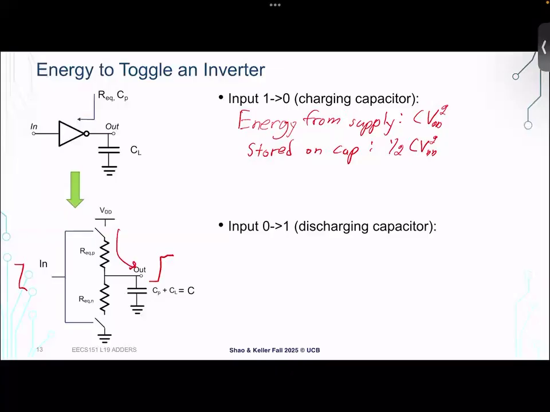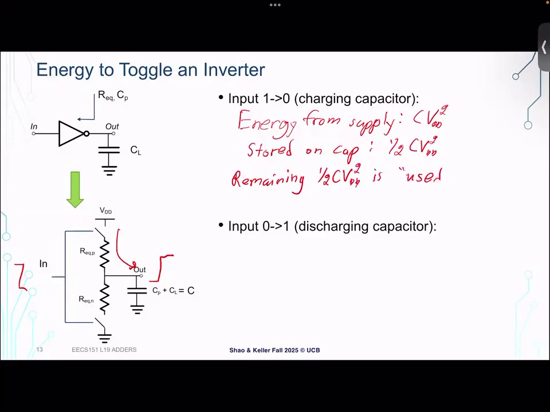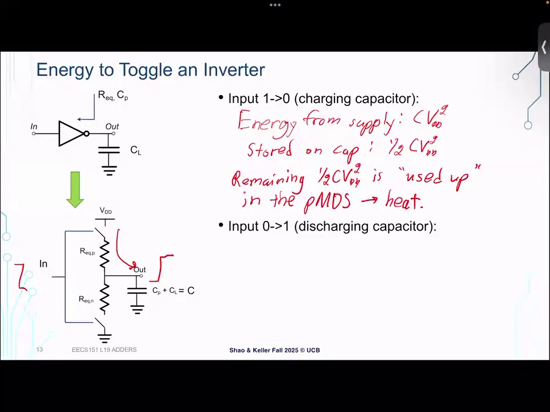Well, it went through the resistor and it was discharged as heat. So half the energy got stored on the capacitor, and then half of it was burned up in the resistor. It's converted to heat.